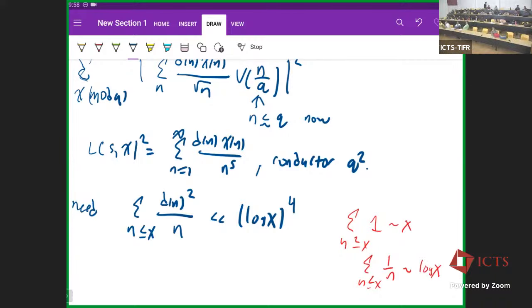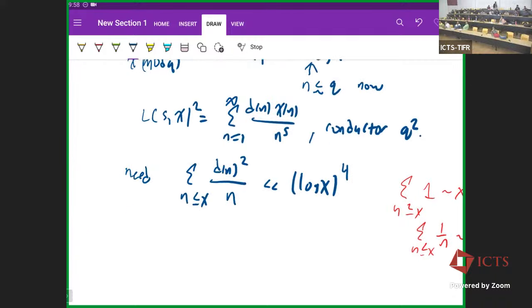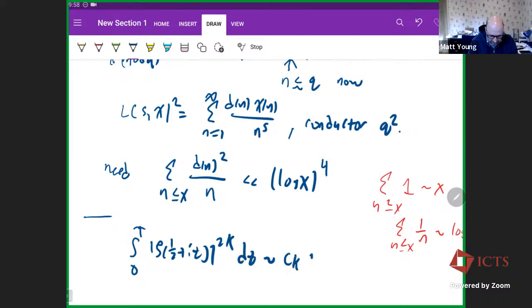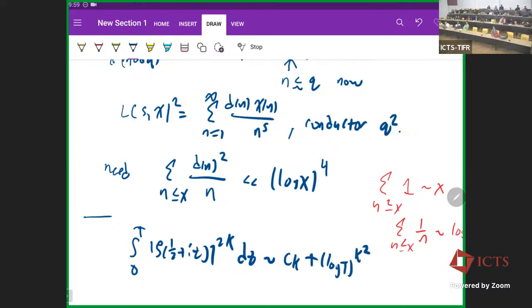So the conjecture is that the 2kth moment of the zeta function is some constant depending on t, and then it's log t to the k squared. Yeah, correct. So when k is 2, you get log t to the fourth.